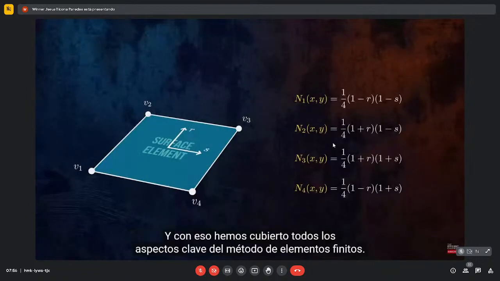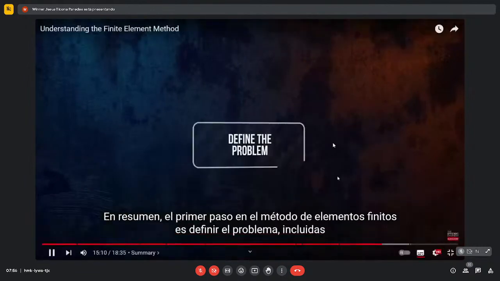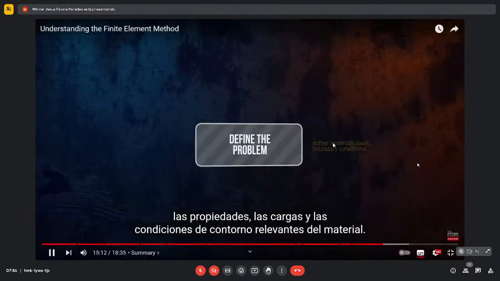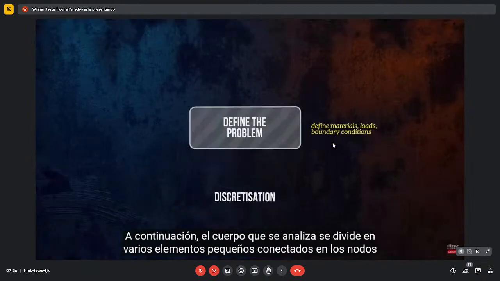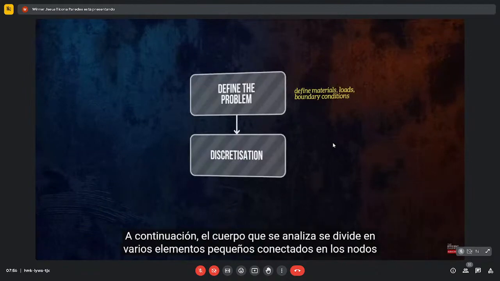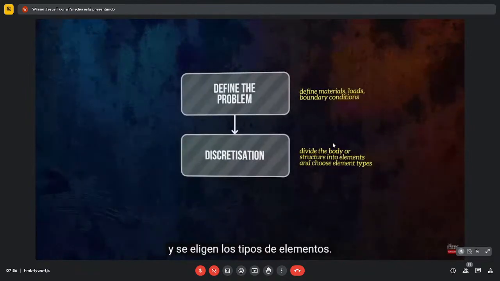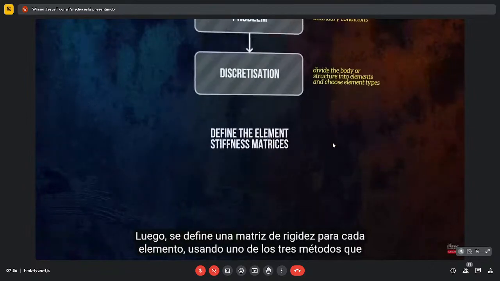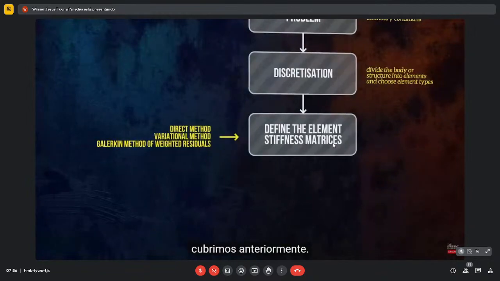And with that, we've covered all of the key aspects of the finite element method. In summary, the first step in the finite element method is defining the problem, including the relevant material properties, loads, and boundary conditions. Next, the body being analyzed is split into a number of small elements connected at nodes, and the element types are chosen. Then a stiffness matrix is defined for each element, using one of the three methods we covered earlier.